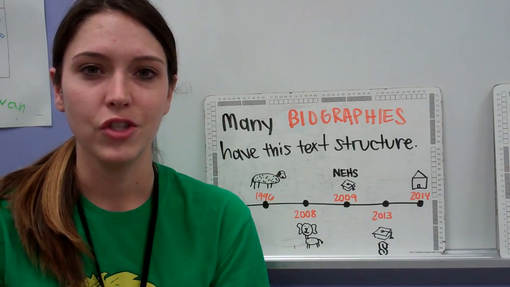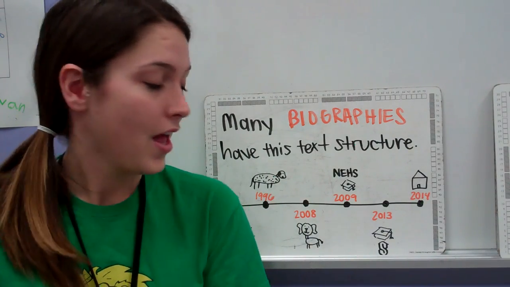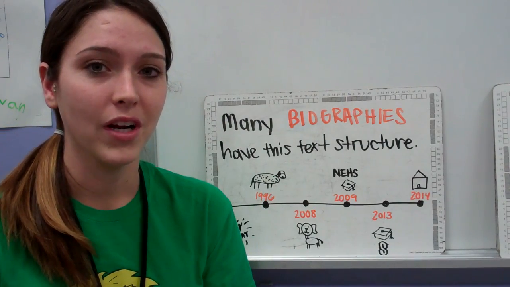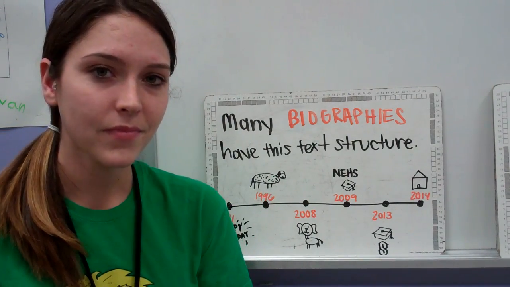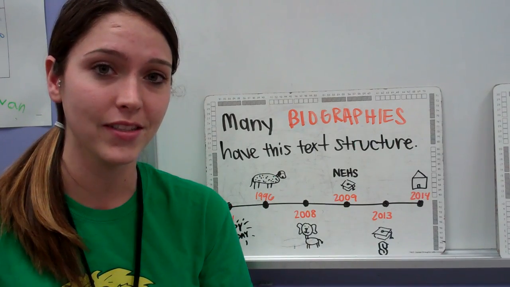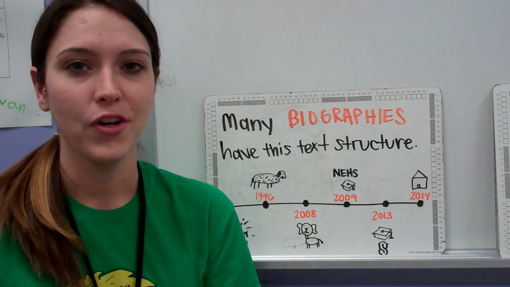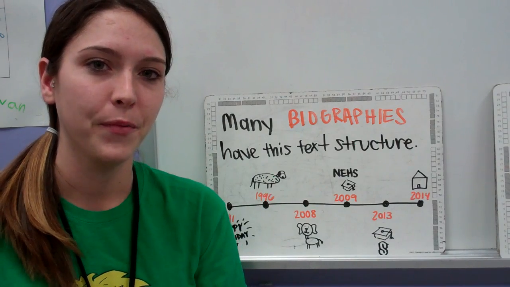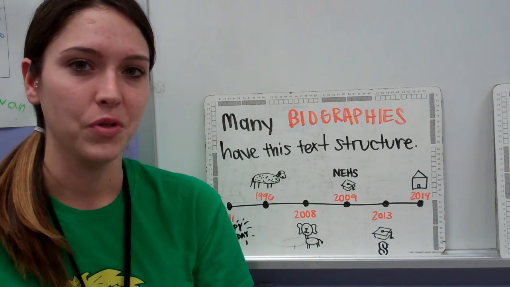This can help you organize your thoughts, and it also helps your writing become more organized for whoever is reading. This makes sure that you keep everything in order, everything in sequence, to make sure that it is more understandable and more clear for both you and anyone else who is reading your work.